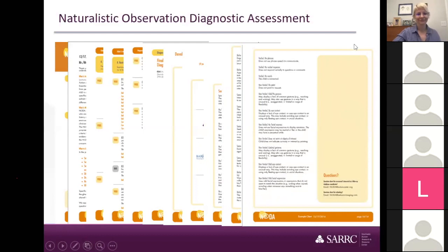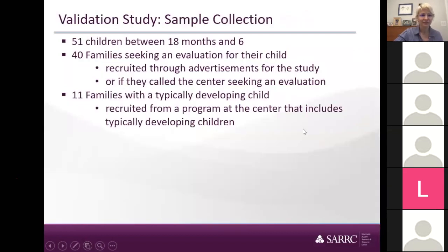in the diagnostic process. Okay, so let's talk about the first validation study, because I'm sure everybody who's a diagnostician, whether you're engaged in research or not, you want to know, well, is there any evidence that shows that this tool works? So as part of the initial development project, we did the first validation project that we could do under the constraints of that particular grant.